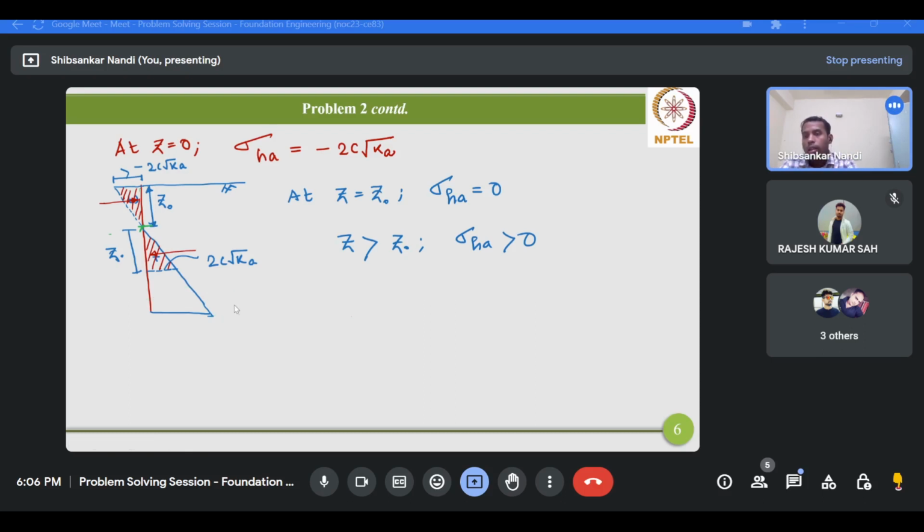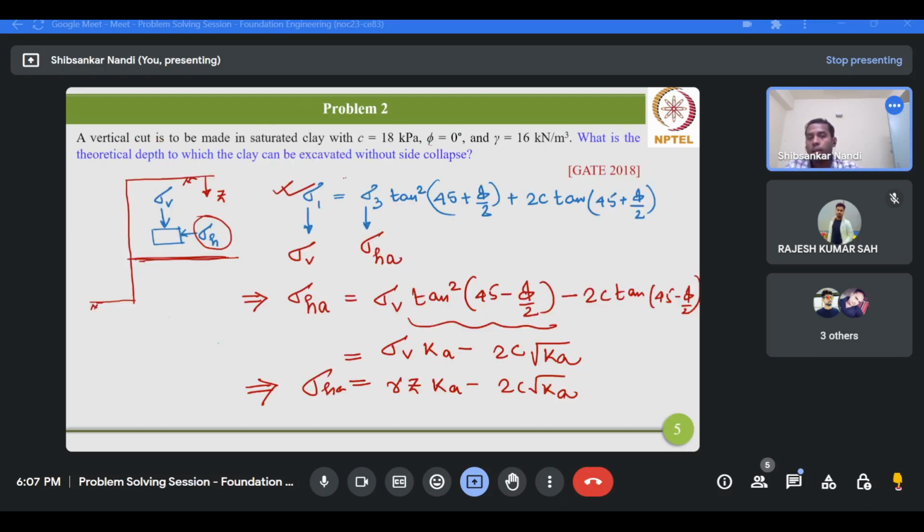And consequently, for a depth of 2 times z0 from the backfill surface, you will have no resultant pressure, and this signifies that you can safely carry out a vertical excavation without any side collapse, because there is no resultant lateral pressure exerted from the backfill. And this is asked in this question: what is the theoretical depth to which the clay can be excavated without side collapse?